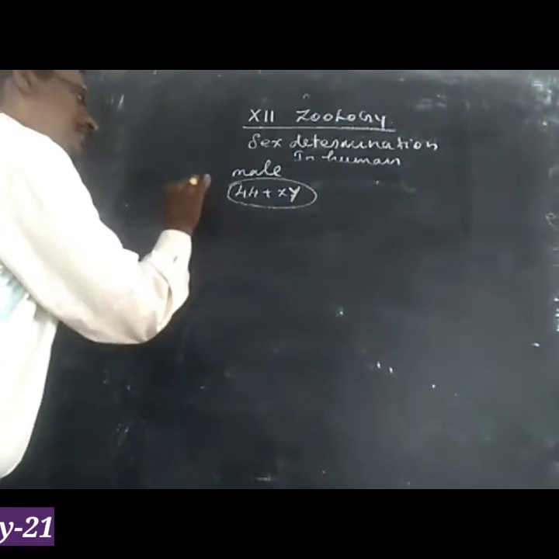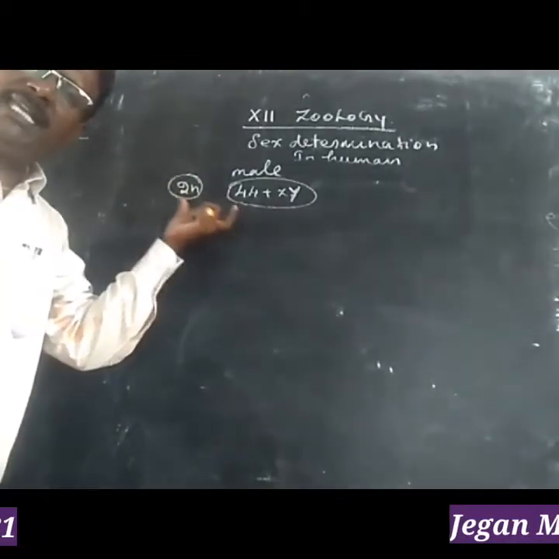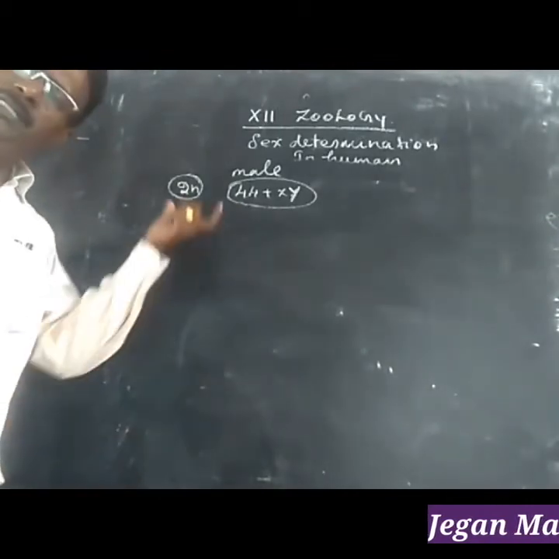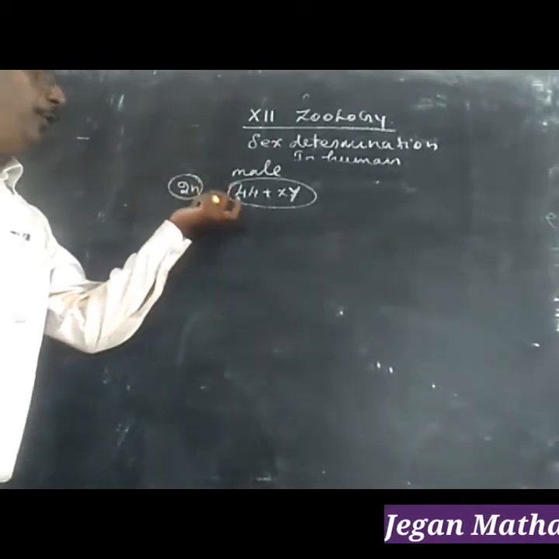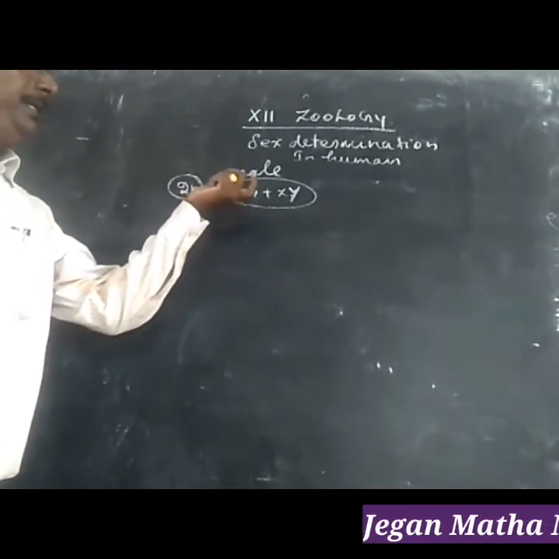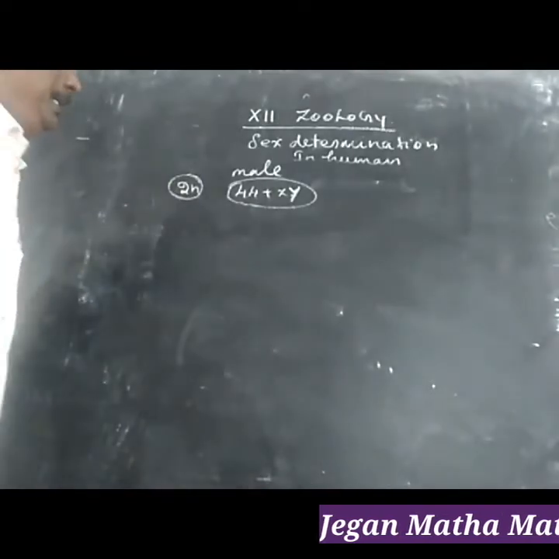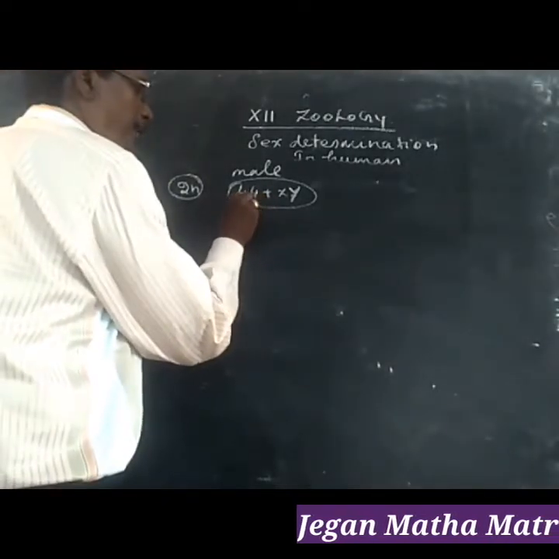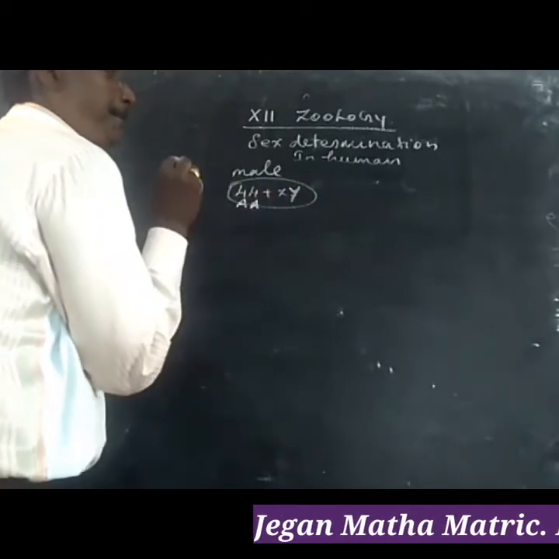Here they are in a diploid nature, 2n. They have the bodily character, the body chromosomes, so it is called 44 AA plus XY.